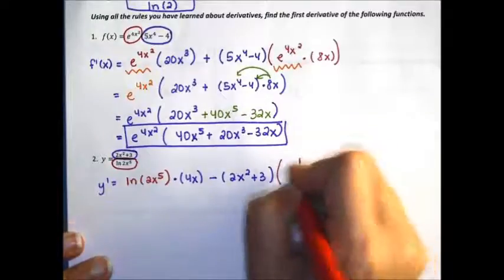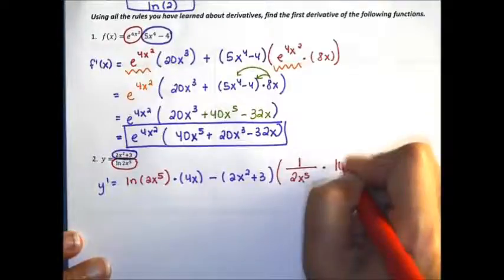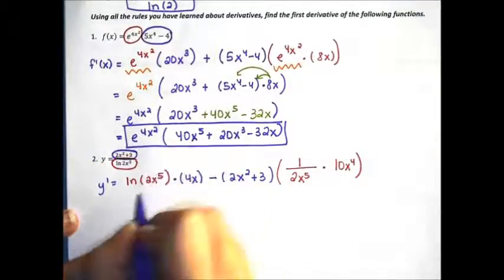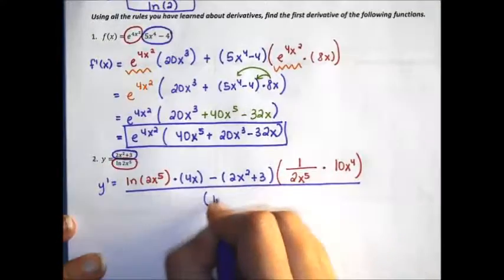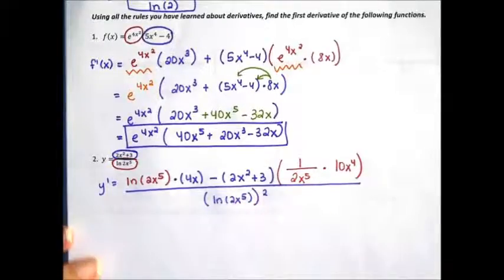The derivative of natural log would be 1 over the stuff times the derivative of the stuff. And low squared goes down below. Now we're going to simplify.